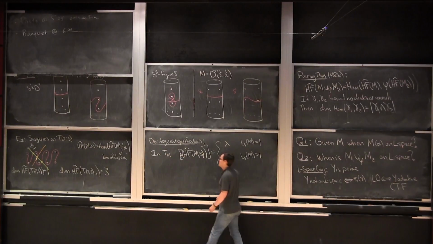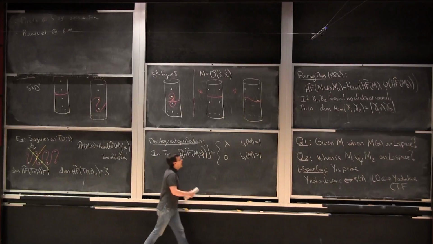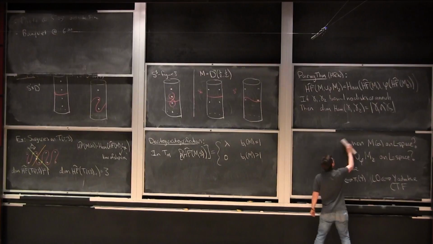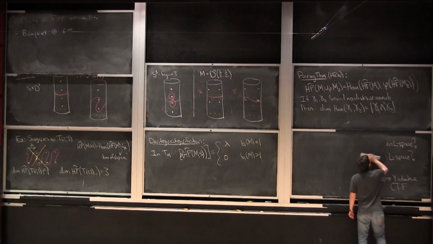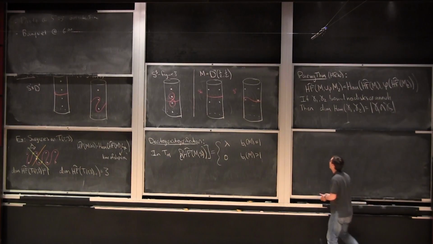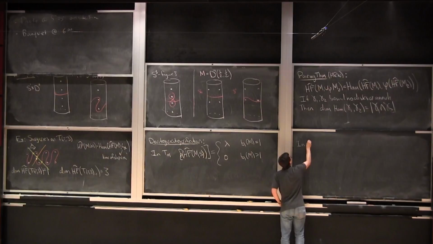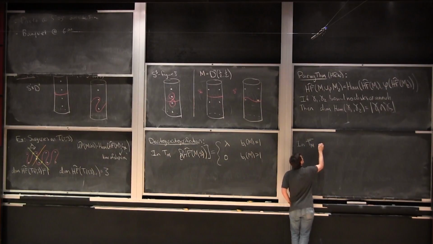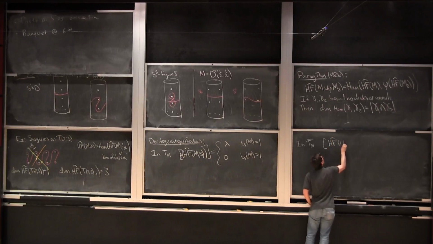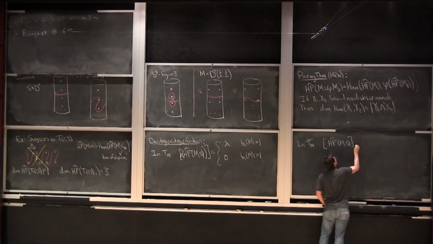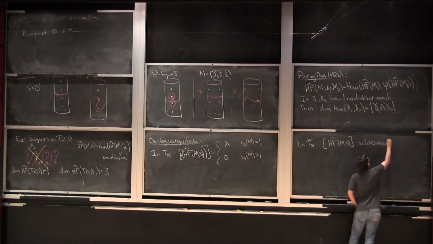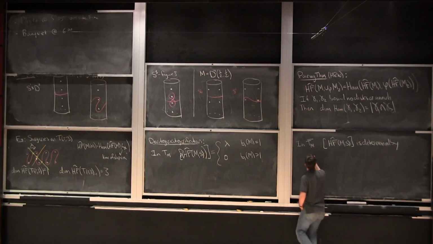So in Tm bar, the homology class of HF hat of MS is determined by and determines the Turaev torsion.